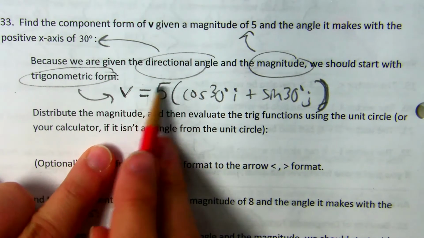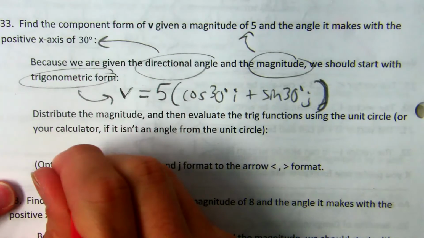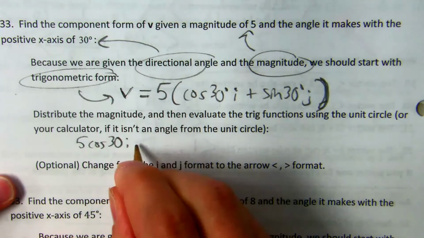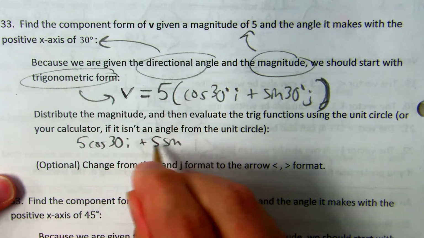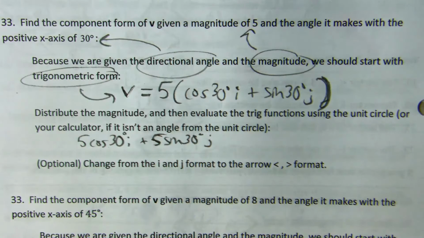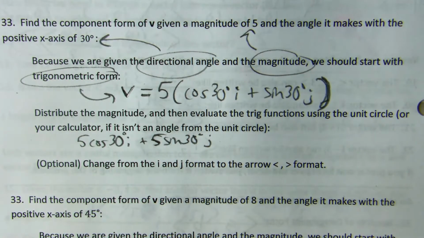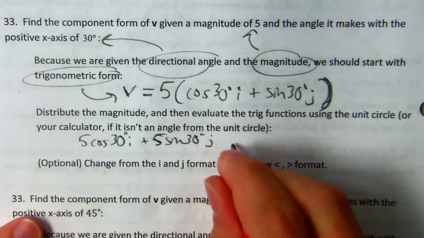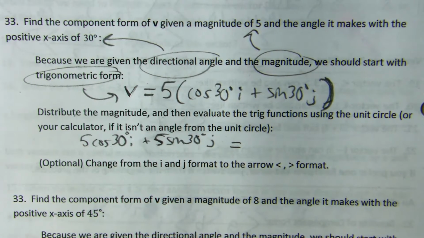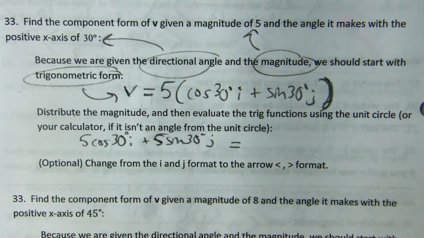you would want to first distribute your 5. So 5 cosine of 30 i plus 5 sine of 30 j. Now, if that's a weird angle, I could approximate it with a calculator. But without a calculator, it might be done, unless it's an angle that we should know.